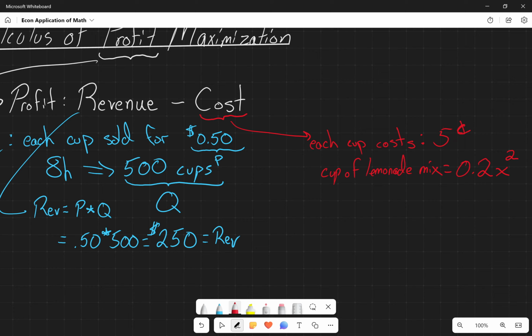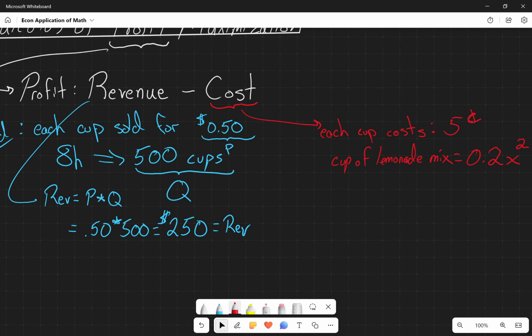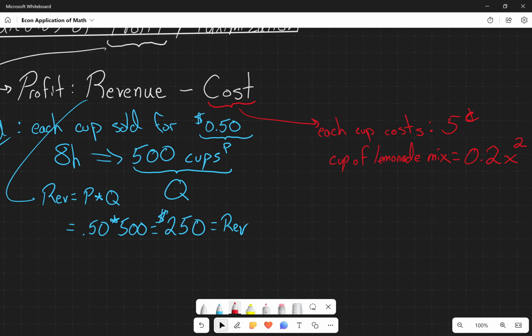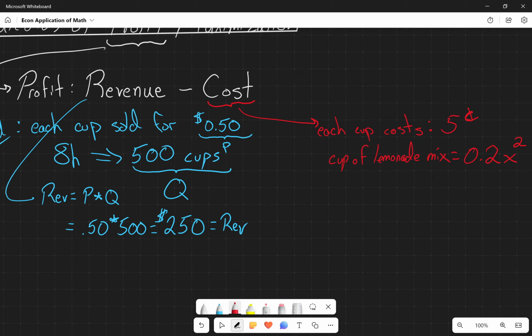So instead of having it just be 0.2 times x, we're going to have it be 0.2 times the amount that we're making. Let's say we have to squeeze more and more lemons as the day goes on, and it becomes more arduous, and our hands start to cramp, since we're making homemade lemonade mix with sugar and lemons that we are hand squeezing.